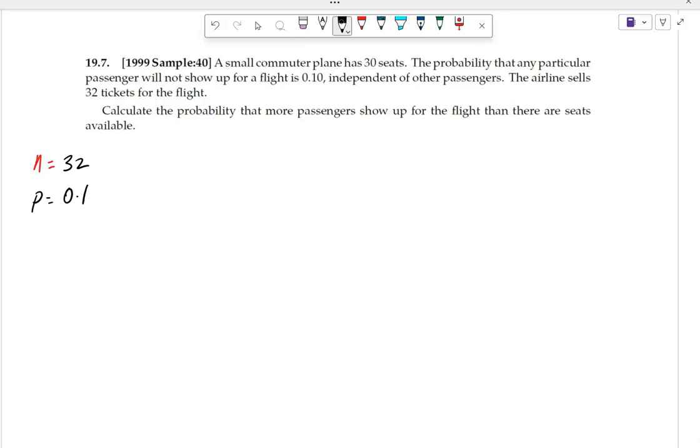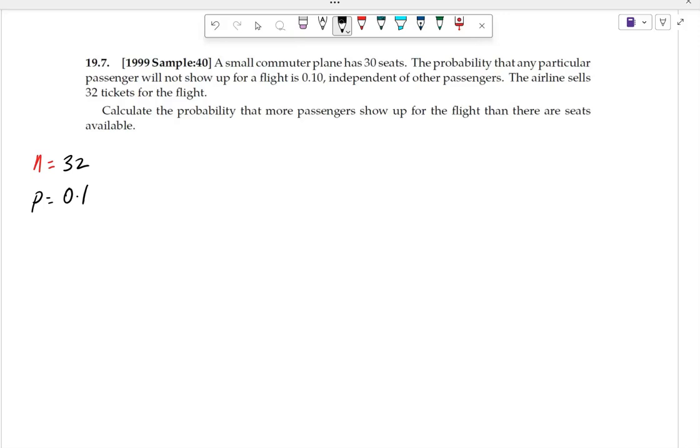In this case, we want the probability that more passengers show up than there are seats available. So if we define success as not showing up, what do we need to calculate the probabilities for if the flight's going to be oversold?